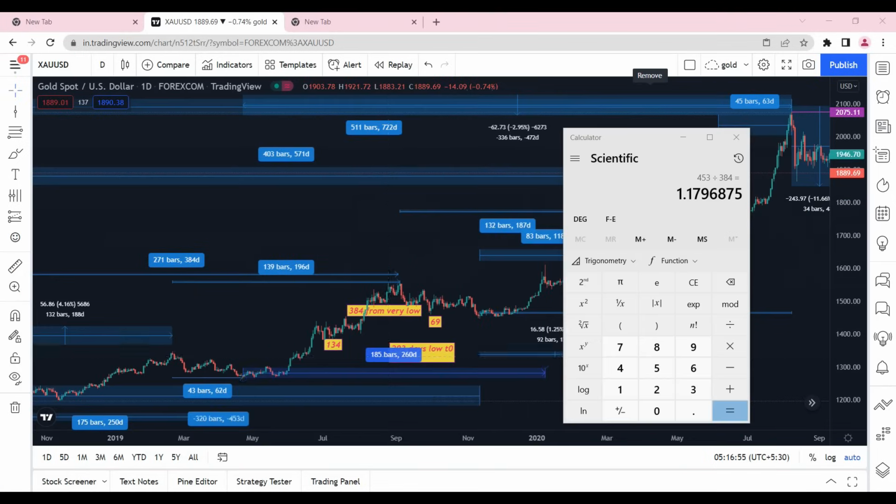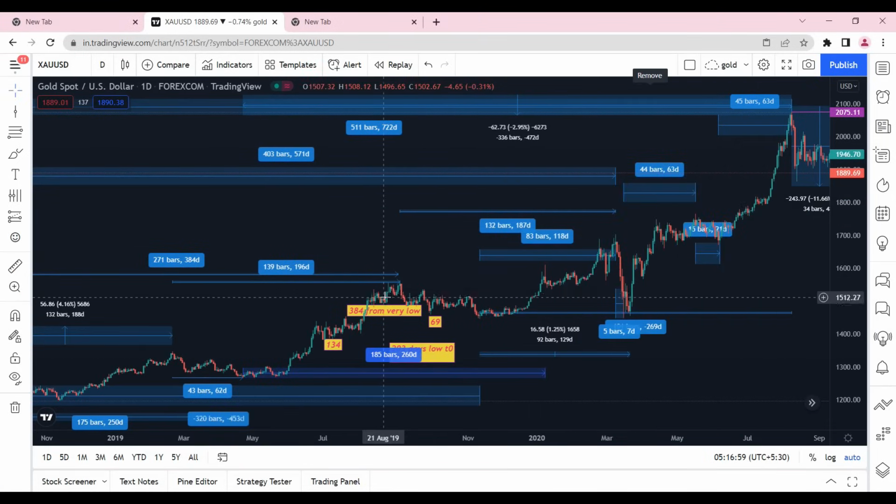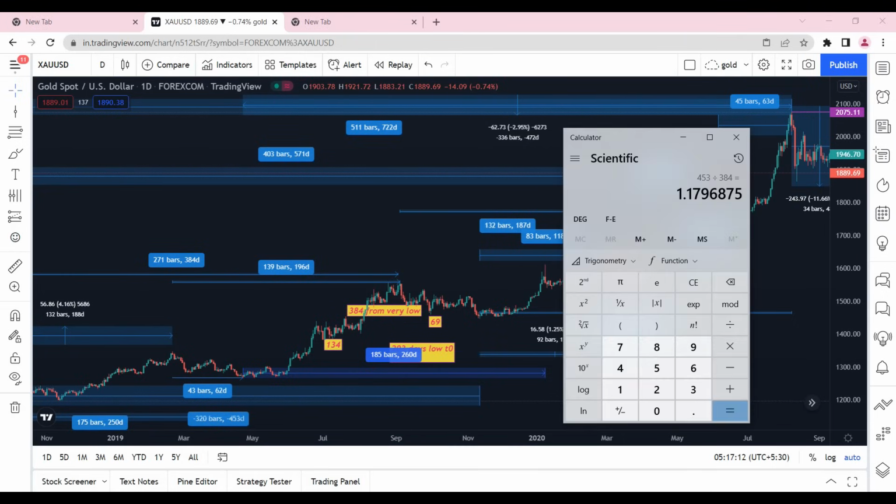Yes. So now we are going to take 453 and 384. Low to high, 453. So low to this low actually, and 384.